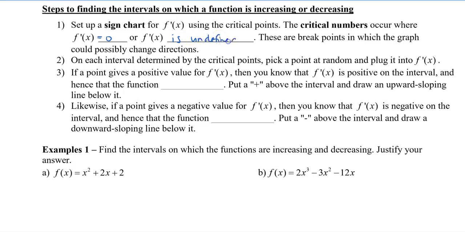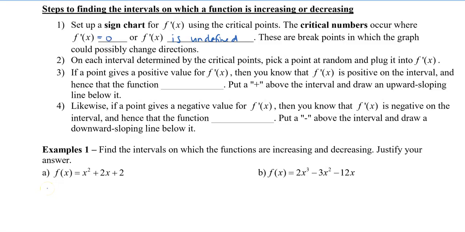That will happen when we have 0 in the denominator, for example. So these are going to be breakpoints in which the graph could possibly change directions. All right, so what I'm going to do is follow the steps, but do an example as we do this. So we're going to use A as our example.